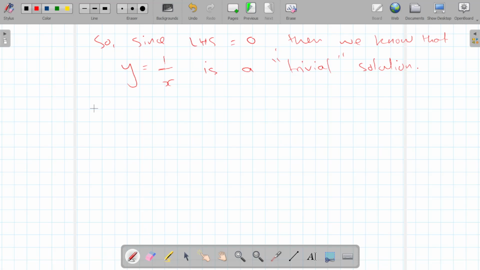Right, so how does this help us find the general solution? Well, what we know is that this, oops, let's change to black. Right, there we are.